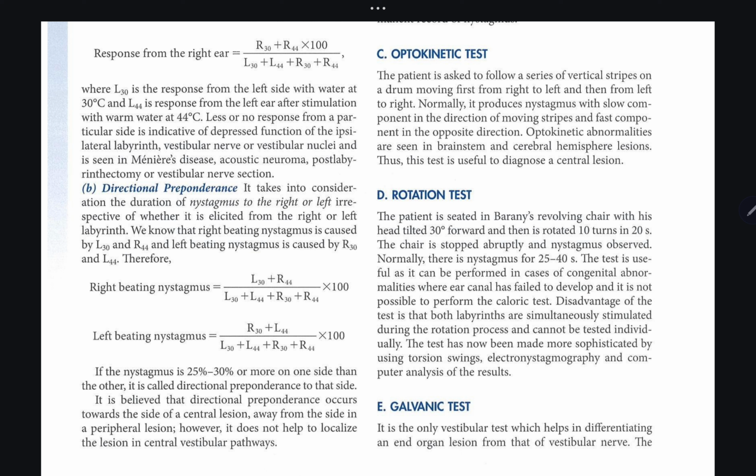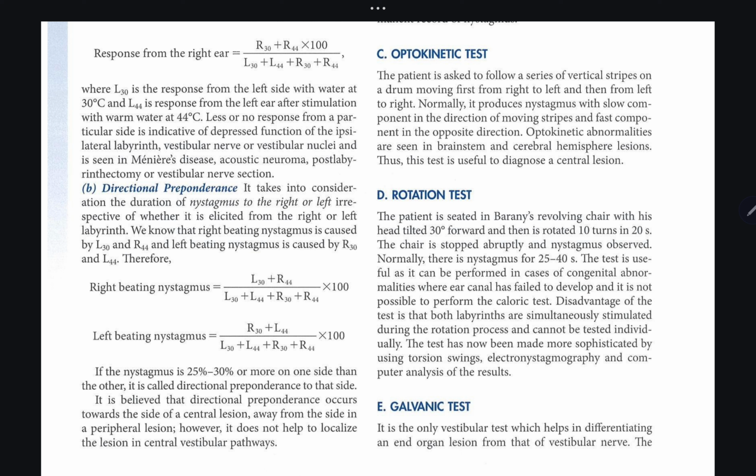Therefore, right beating nystagmus is equal to (L30 plus R44) divided by (L30 plus L44 plus R30 plus R44) into 100. Left beating nystagmus is equal to (R30 plus L44) divided by (L30 plus L44 plus R30 plus R44).